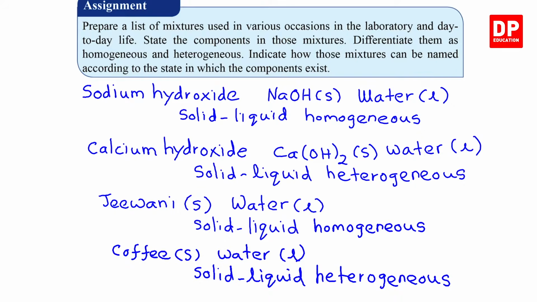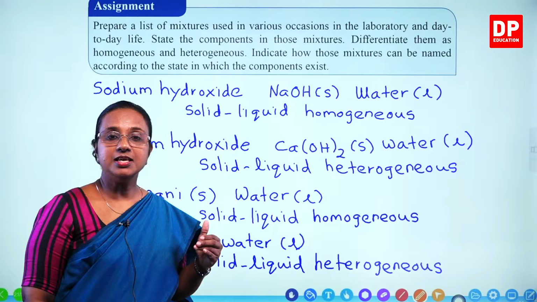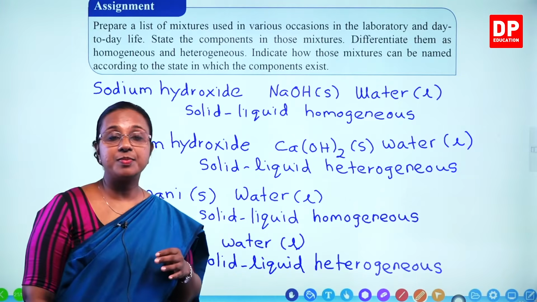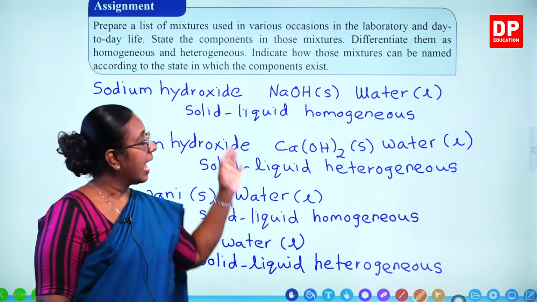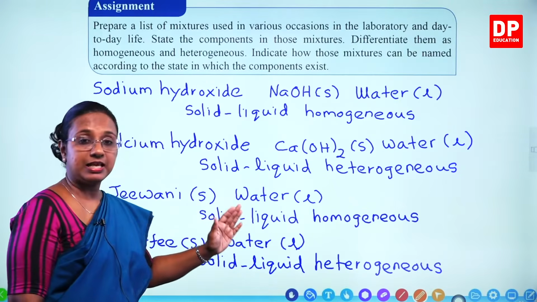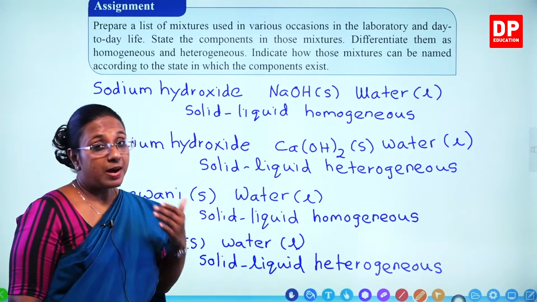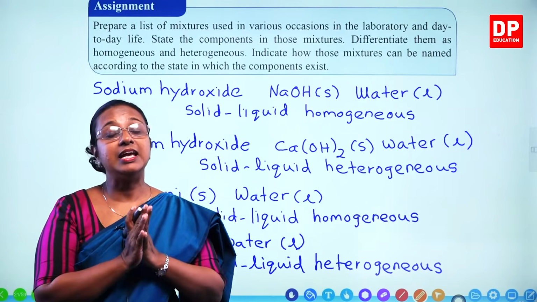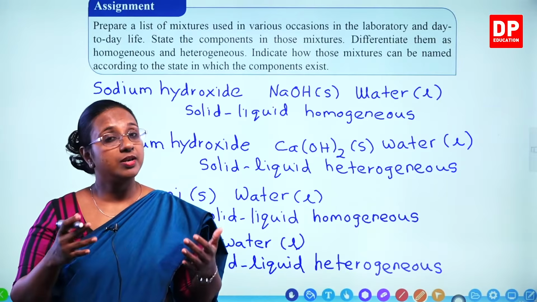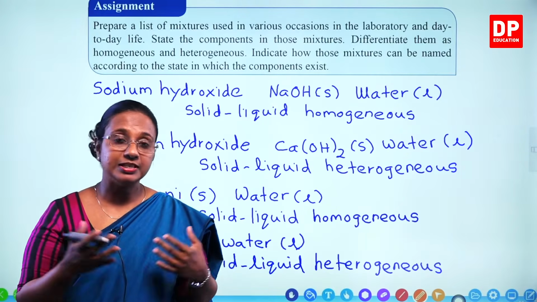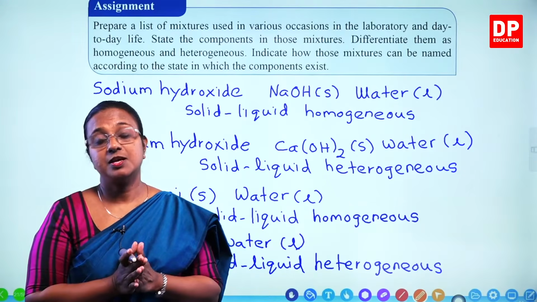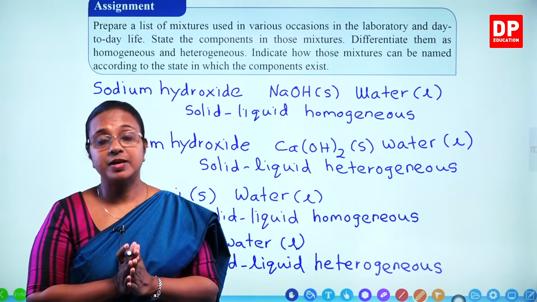So here you can see two examples from the lab, two examples from the household. And in all these, the components are solid and liquid. But you can get any example where you have two solids, or liquid and gas, or solid and gas. You can get enough examples for different types of mixtures.